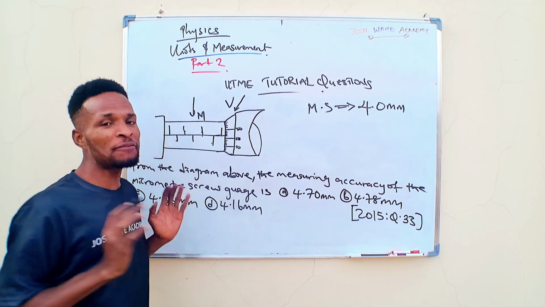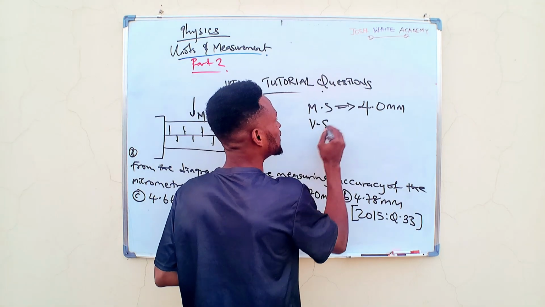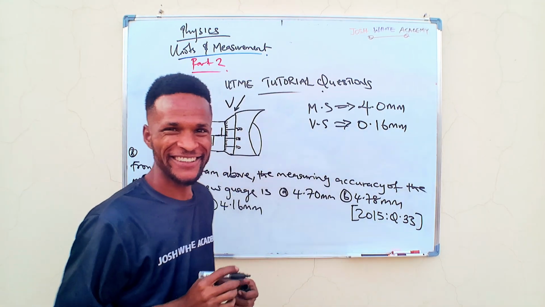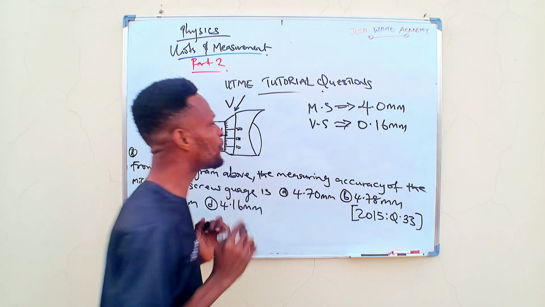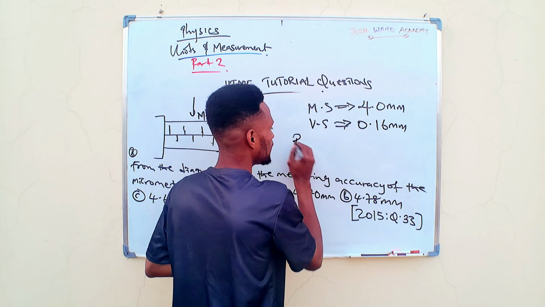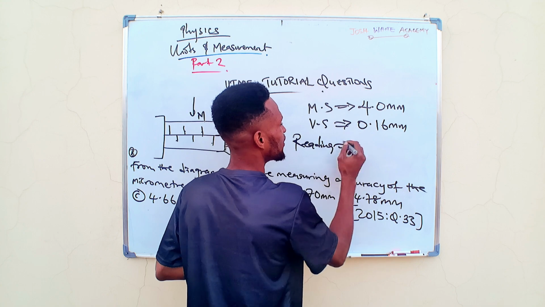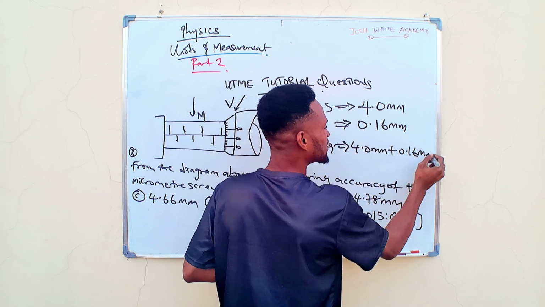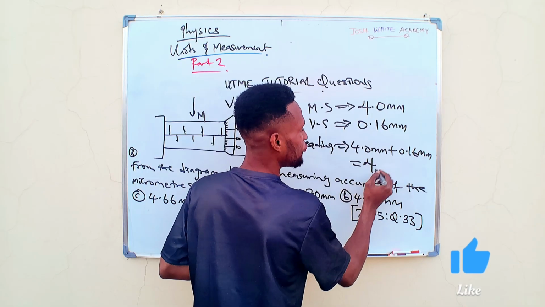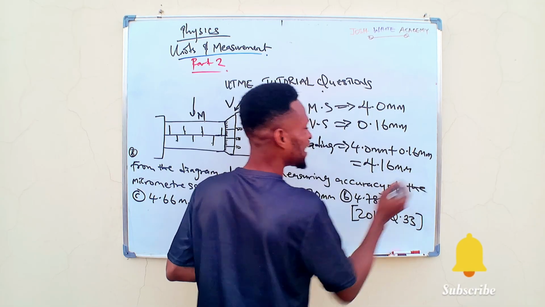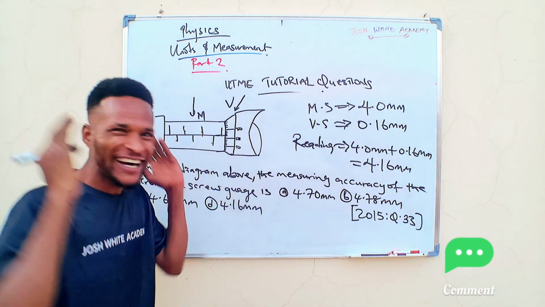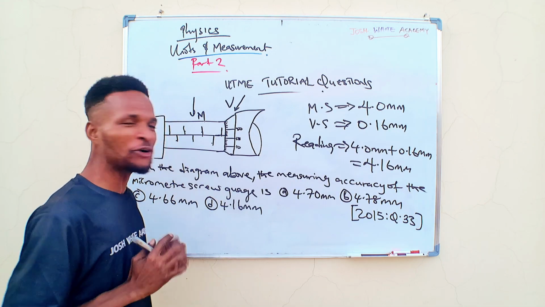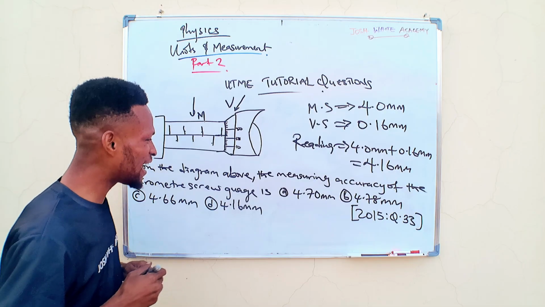So 16 divided by 100 will give us a Vernier scale of what? 0.16 millimeter. So our reading will be what? 4 millimeter plus 0.16 millimeter. That will give us 4.16 millimeter as our reading, as our measuring accuracy of this micrometer screw gauge. So our answer is what?